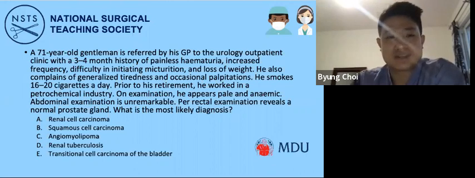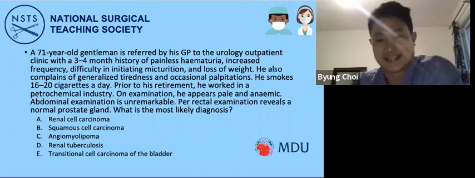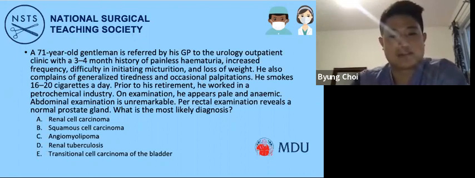He smokes 16 to 20 cigarettes a day. Prior to his retirement, he worked in the petrochemical industry. On examination, he appears pale, anemic. Abdo exam is unremarkable. The PR examination reveals a normal prostate gland. What is the most likely diagnosis?